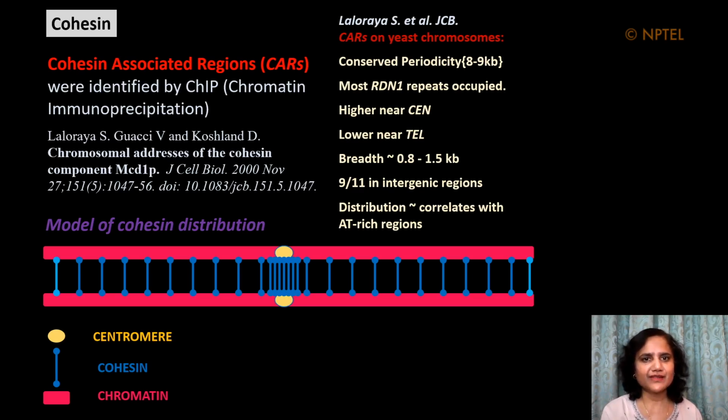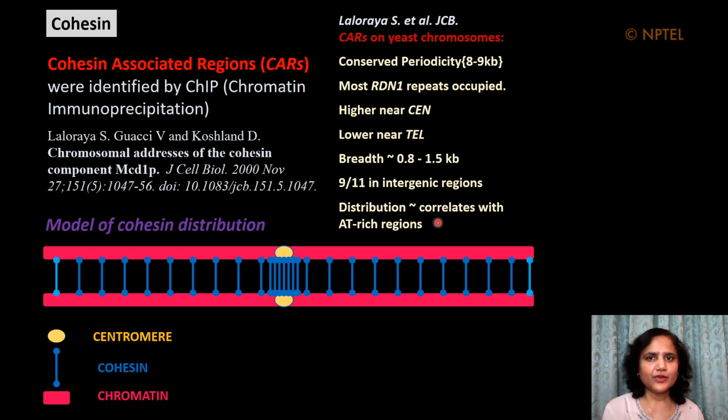AT-rich regions. This distribution of cohesin has been depicted in this diagram of a chromosome, where you can see in the pericentric regions, or near the centromere, there is more binding of cohesin. Cohesin, by the way, is shown as this blue rod-like structure, which is a diagrammatic depiction of cohesin.